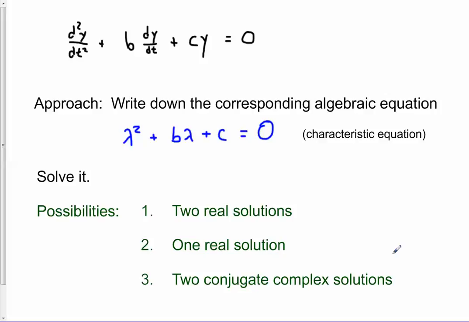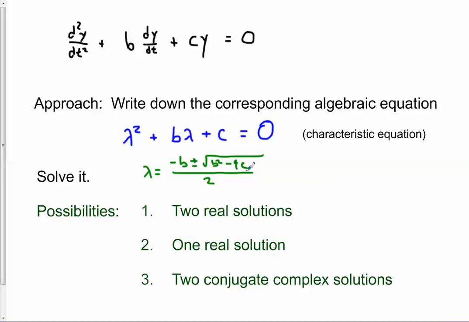Let me just review those 3 possibilities real quick. If you solve using the quadratic formula, we would have negative b plus or minus the square root of b squared minus 4ac, but remember a is 1, so just 4c, all over 2a, so over 2. And those are in principle 2 solutions, one with the plus and one with the minus.